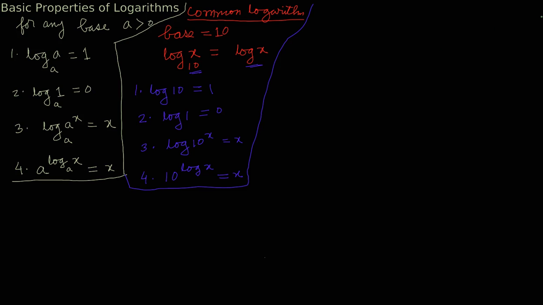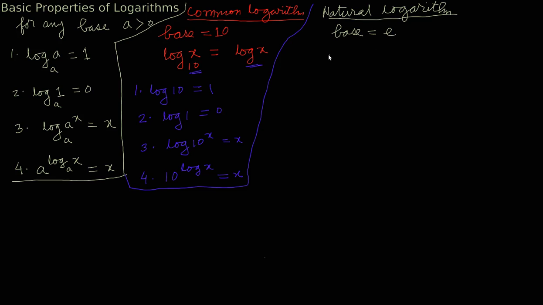Now let's look at the last one, which is the natural logarithm, because it occurs a lot in nature. If a logarithm has a base e, remember e is the Euler number we learned in previous videos, then this type of logarithm is going to be called the natural logarithm.